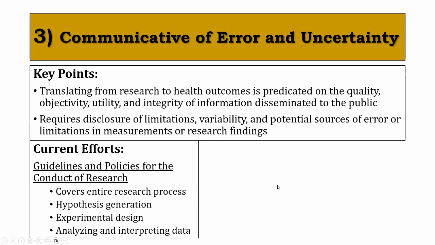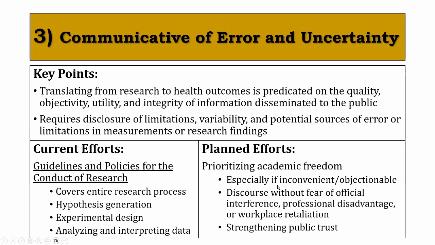Now, a big push that NIH is looking for on their plan efforts is prioritizing academic freedom, especially in the cases where scientists are pursuing evidence that might be inconvenient or objectionable, or at least perceived that way. And they want to prioritize this across the agency to make sure that there can be academic discourse without these big 3 things, without fear of official interference, without fear of professional disadvantage, and without fear of workplace retaliation.